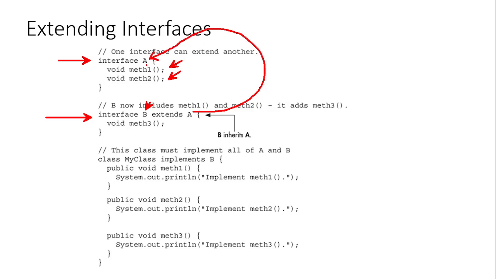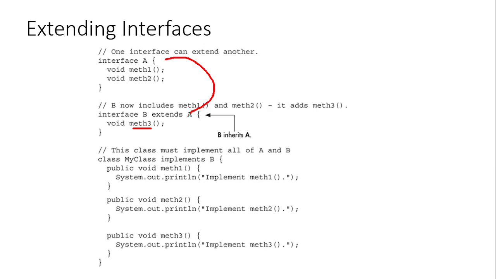A. That means B is building upon A, and there is one extra method for B, and that method is method 3. There is one class called my class which implements B. Remember, B has three methods altogether. One method is declared in B, and because B is extending A, it also has two other methods.